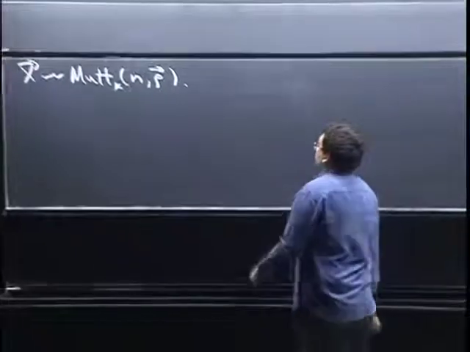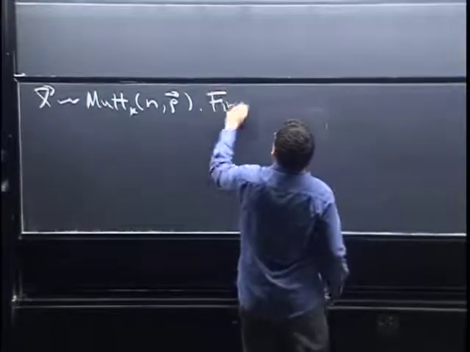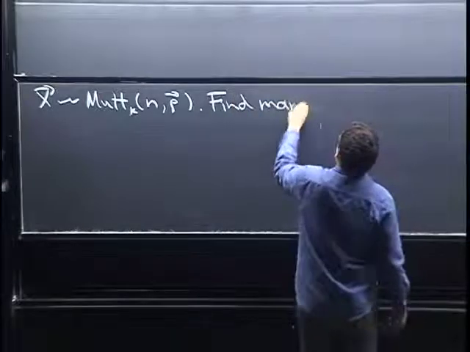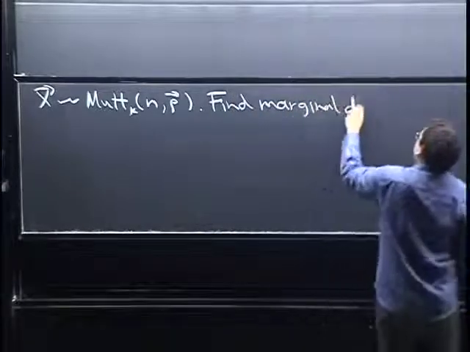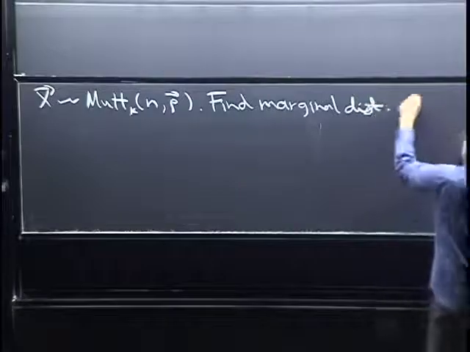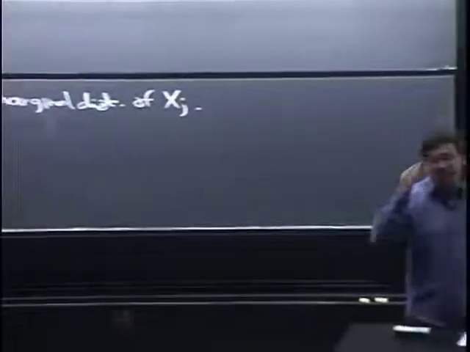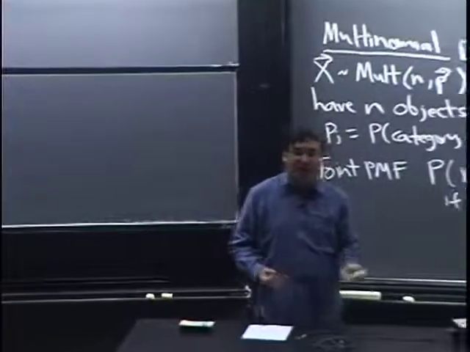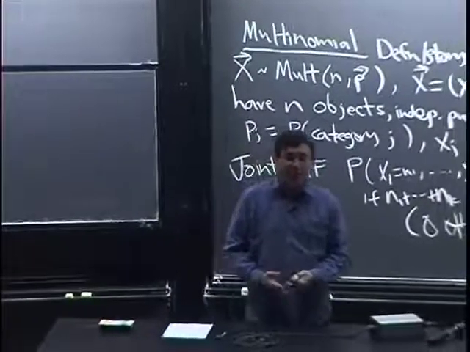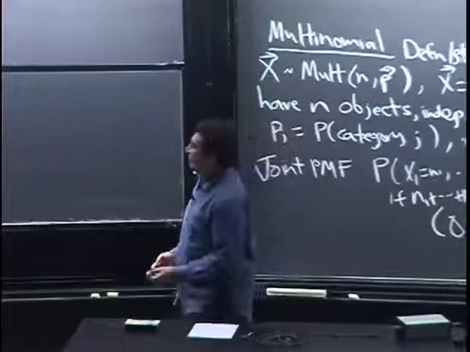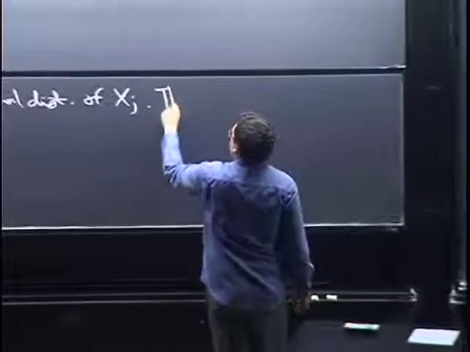Suppose we want to find the marginal distribution of just one of these components, let's say Xj. Xj is just how many people or how many objects are in category j, and we want its marginal distribution. What do you think that is?